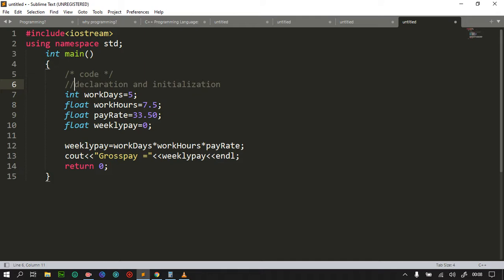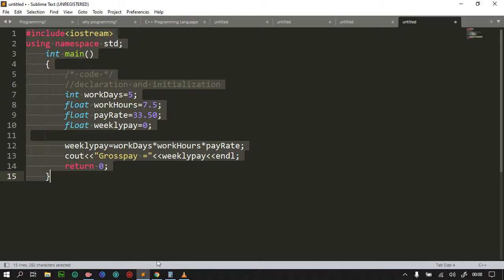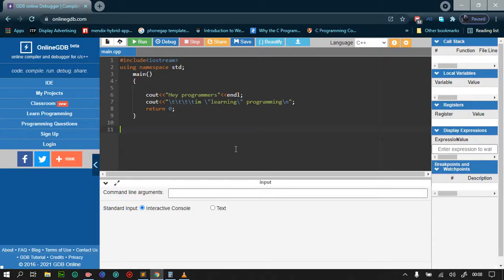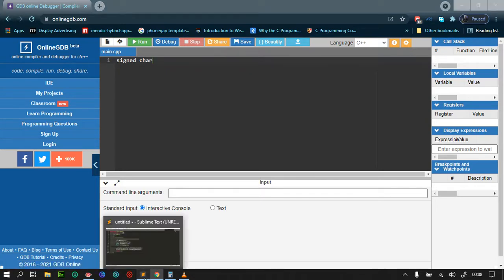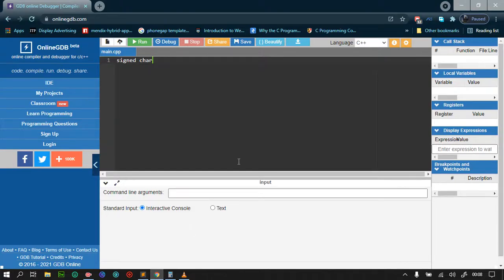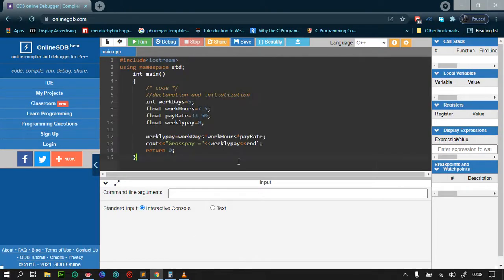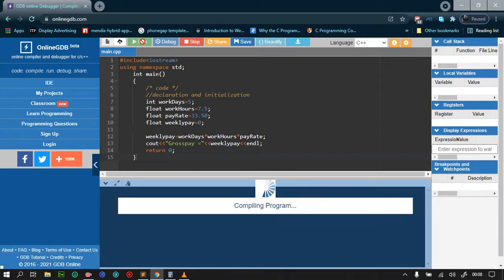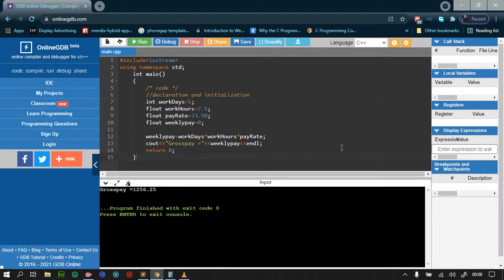So I'll get this program and run it in my compiler. I'll say copy, then I'll come back here. I never wanted to type from this side, I just wanted to run the application. So it's compiling. Basically it is saying that is the gross pay.